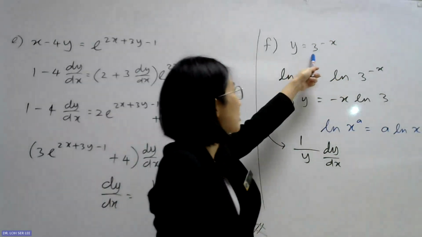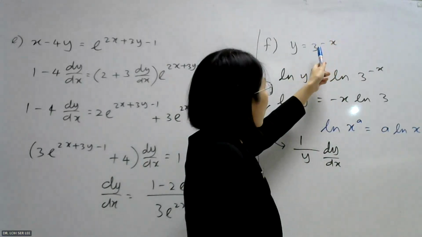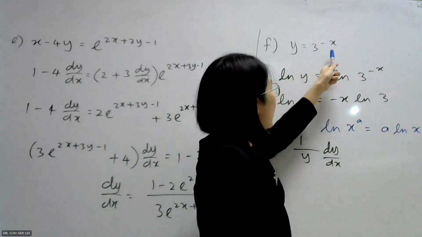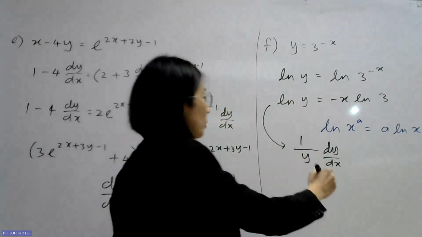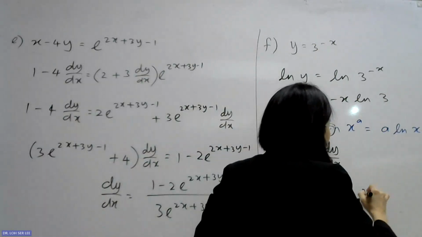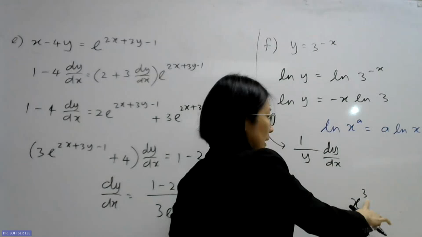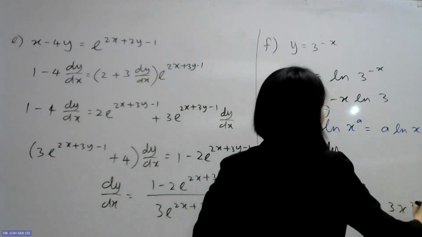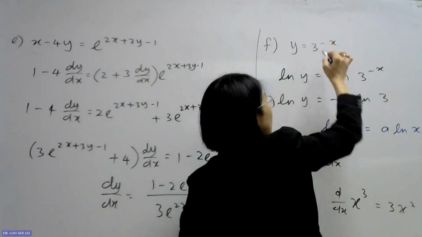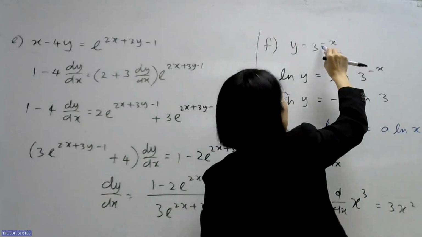Unless you know how to differentiate this one, with the power of a variable. Normally we differentiate x cubed, this power is the constant, and we can get 3x squared. But this is not a constant.